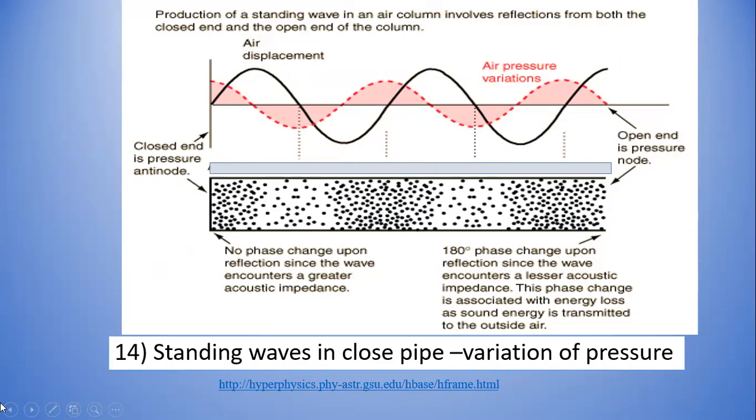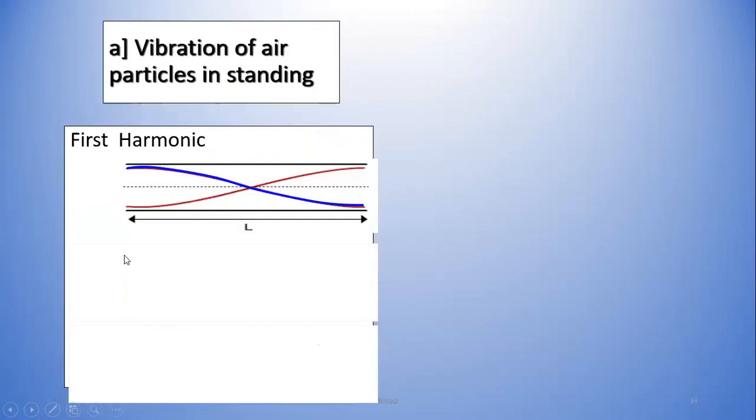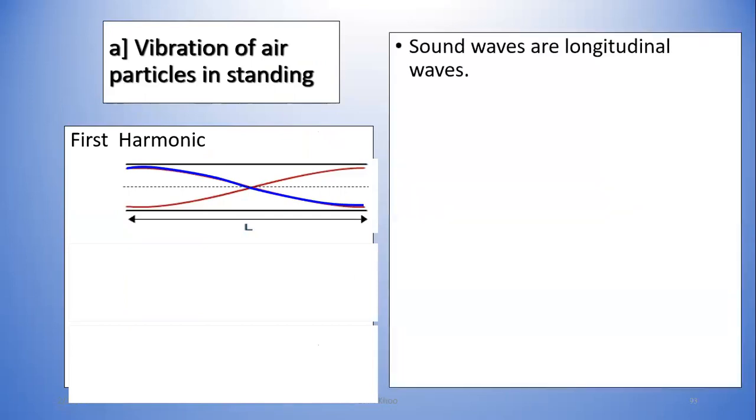This is atmospheric pressure, the line there. And this one is above atmospheric pressure. That part is below atmospheric pressure, that part there. And then that part is above atmospheric pressure. Okay, that's just a variation with pressure. Okay, vibration of air particles in open pipe.